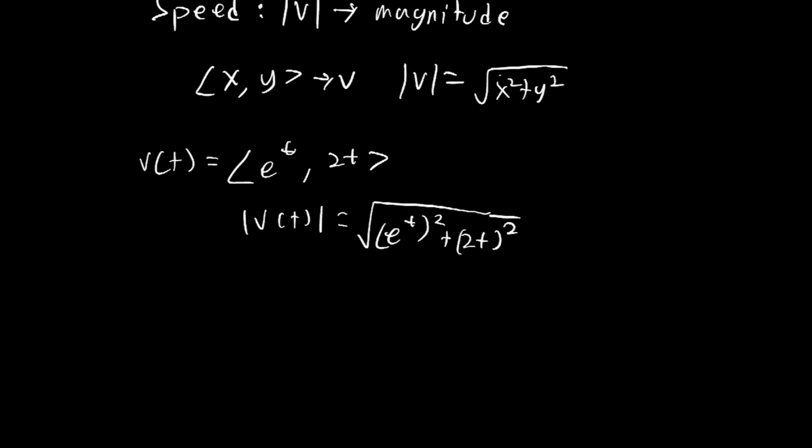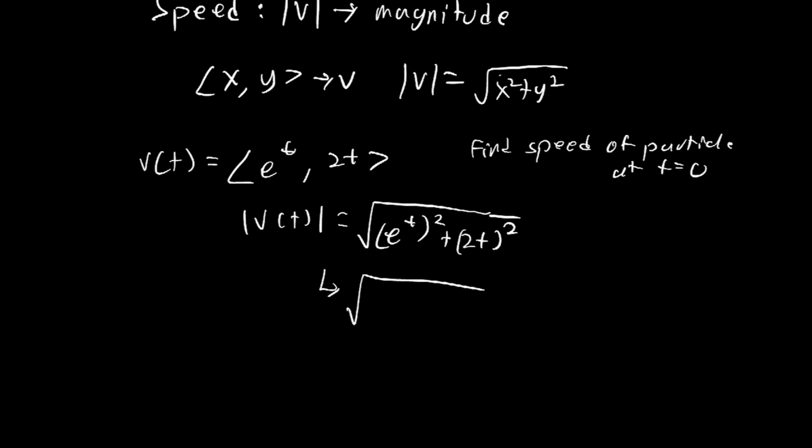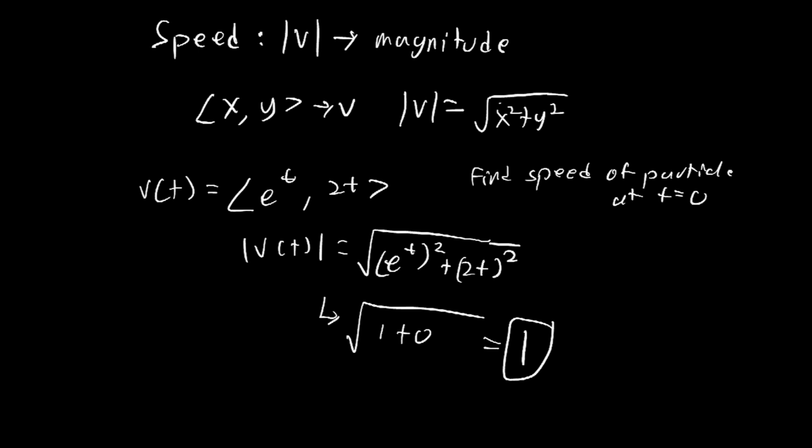And so let's say I wanted to say find the speed of the particle at t is equal to 0. Well, just plug in 0 here. You're going to get e to the 0 is 1, 1 squared is 1, so the square root of 1 plus 0. So this is just going to be 1, and so that's the speed of the particle right there. Okay, so just understand that in vectors, when they ask for speed, it's really asking for the magnitude of the vector. So this is another key concept that you have to understand here.